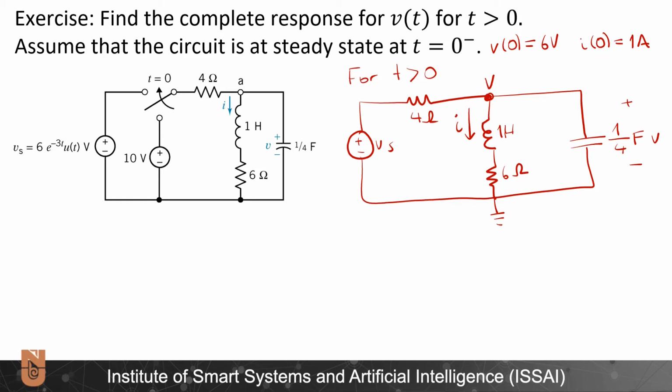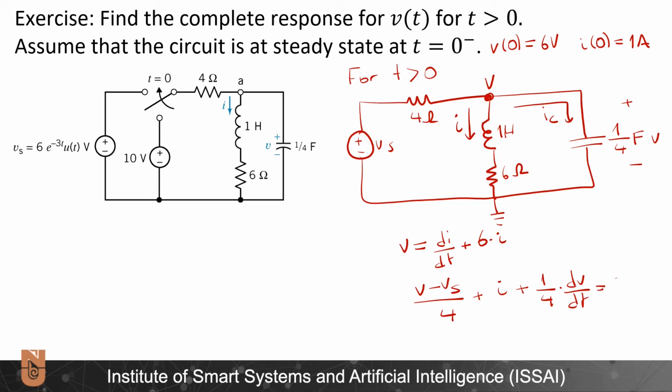So accordingly, I can write that V is equal to L di/dt, L is equal to 1, di over dt, plus 6 times I. In addition to this, I can also write the KCL for V: (V minus Vs) over 4 plus I plus 1/4 times dV/dt, that is the current going this way through the capacitor, is equal to 0.